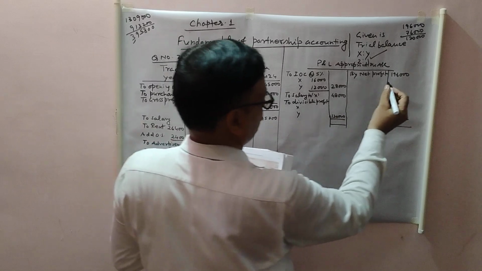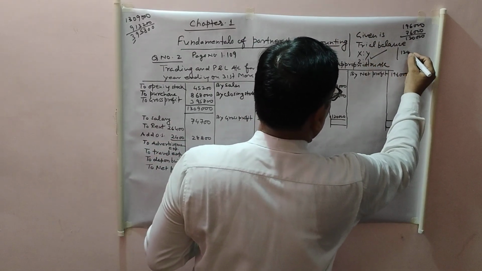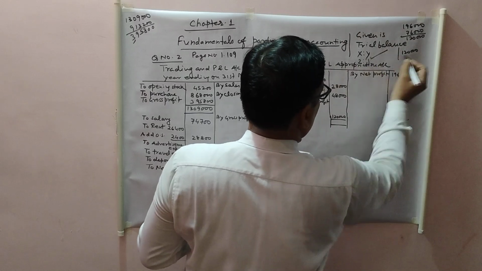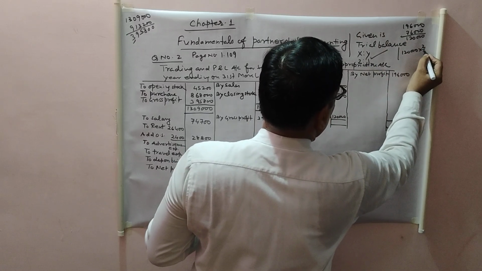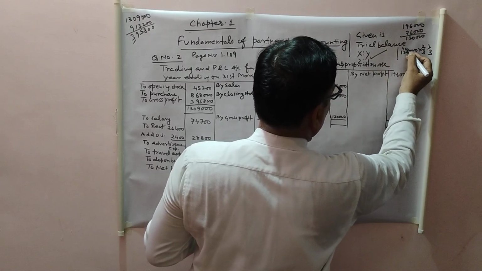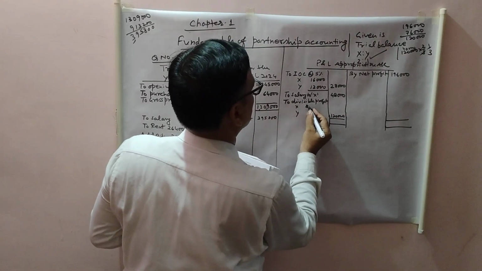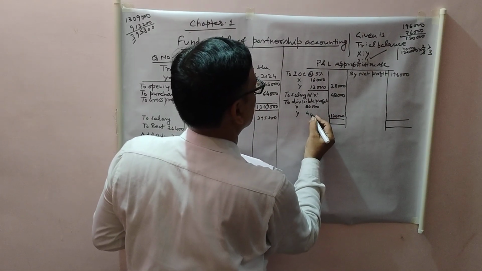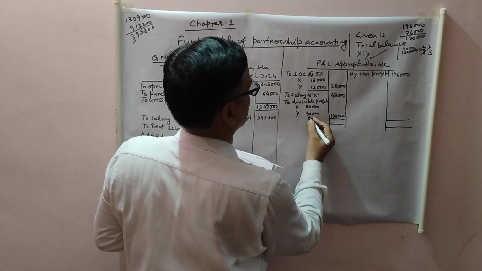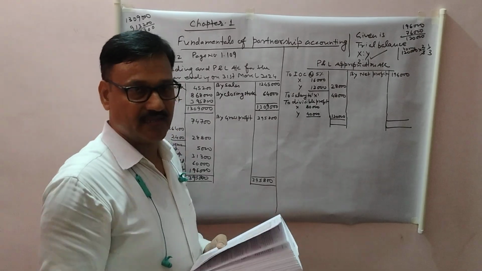How will this be distributed? In 2:1 ratio. Therefore, 1,20,000 into 2/3 and 1/3. 3 fours are 12, 40,000. It means 80,000 and 40,000. Your profit and loss appropriation account is ready.